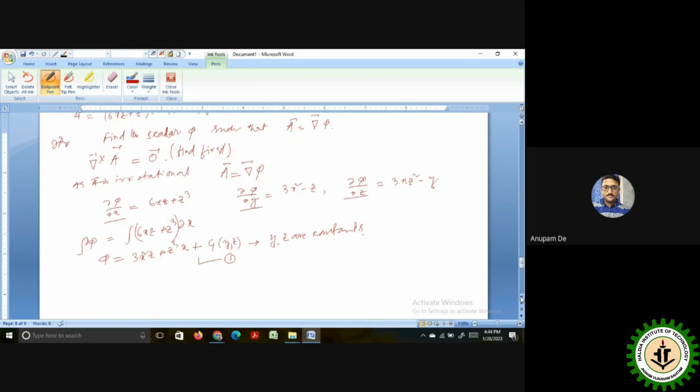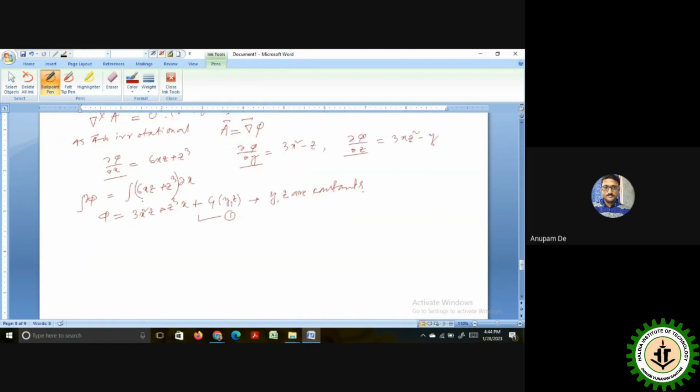Similarly, from the second, integration of del phi equal to integration of thrice x square minus z del y, and this will be thrice x square y minus yz plus c2 of x and z.